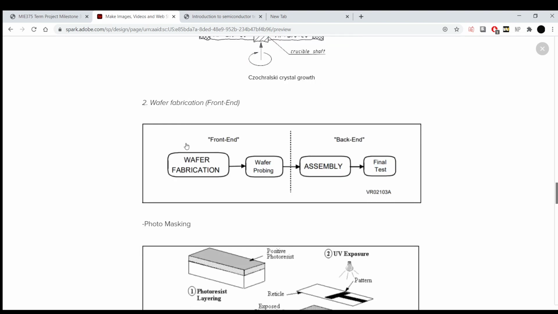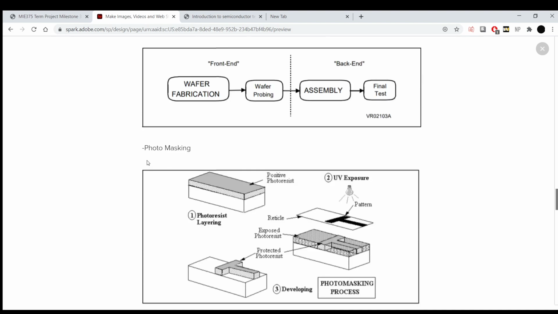Wafer fabrication. So it's split in two basically. Wafer fabrication and assembly are two different sections of this process. Wafer fabrication in itself splits into various other sub-steps, and I'll be delving into these right now.